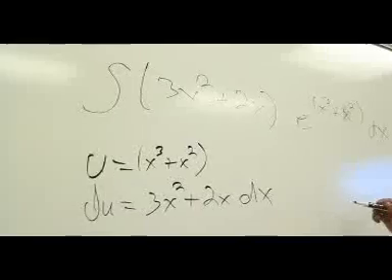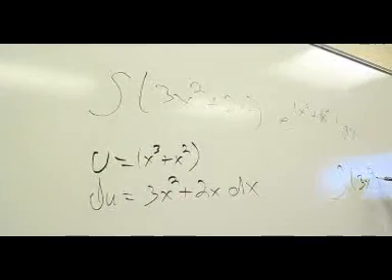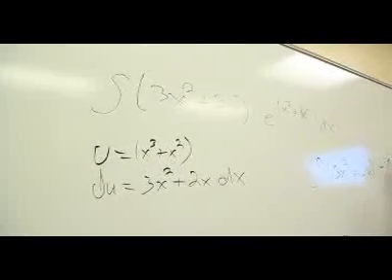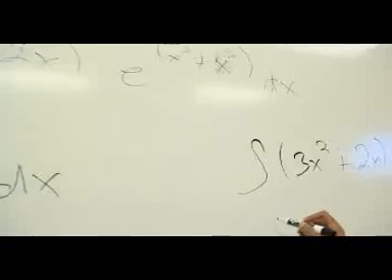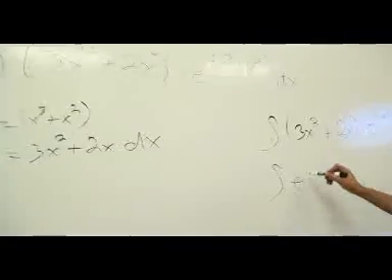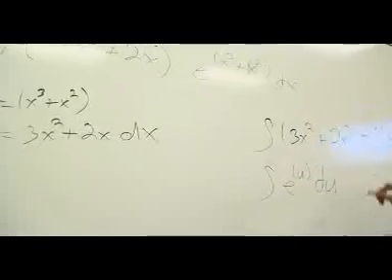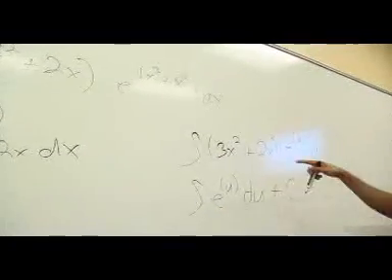Now we will apply the u. So this will equal the integral of (3x squared plus 2x) e to the u dx. Now our du right here, we actually have this in our function. So we will take it out: the integral of e to the u du. And we will always add a constant in case we lost it during the derivative.